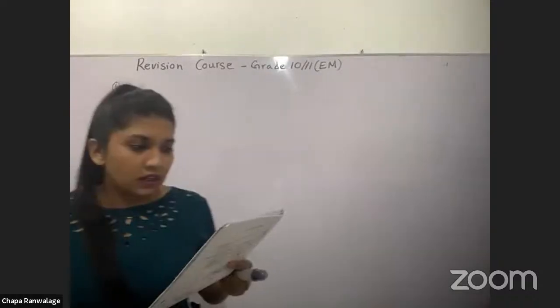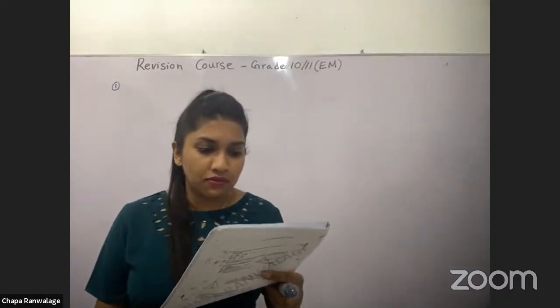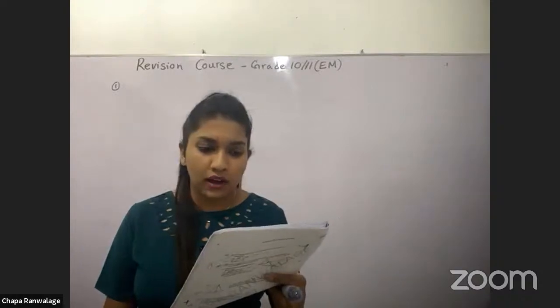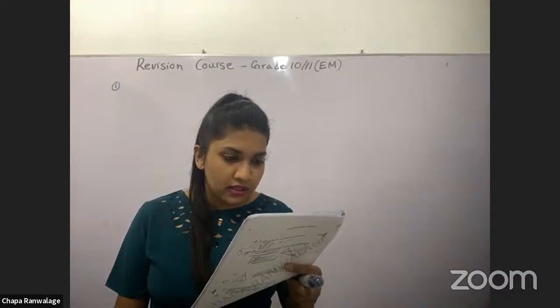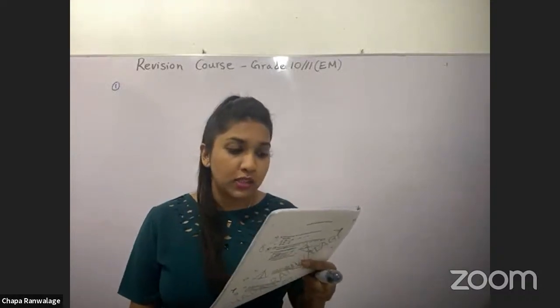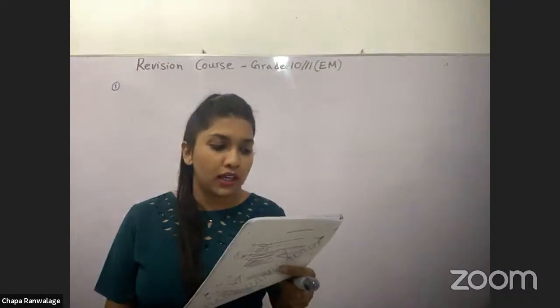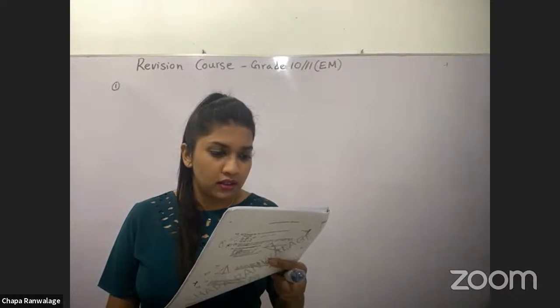Okay. Now the second one. In the given figure, O is the midpoint of QR in triangle PQR. PO is produced to C such that PO equals OC.